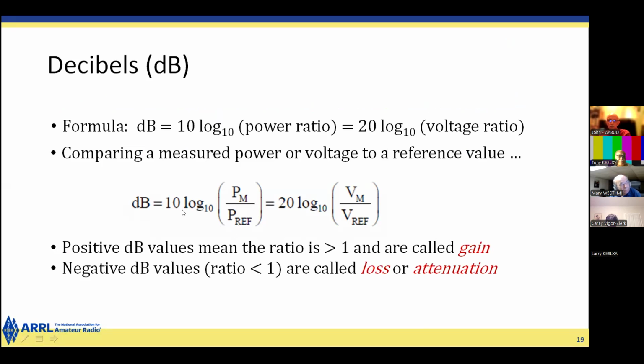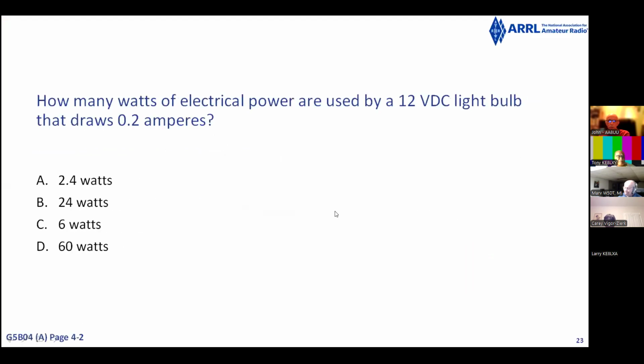So you put a -1 there, and then you divide both sides by 10. So you get -1 over 10, which is -0.1. Then you take the inverse log of -0.1, and that's your power ratio. And then, of course, you have to multiply it by the reference.